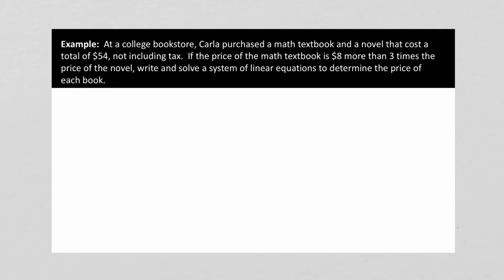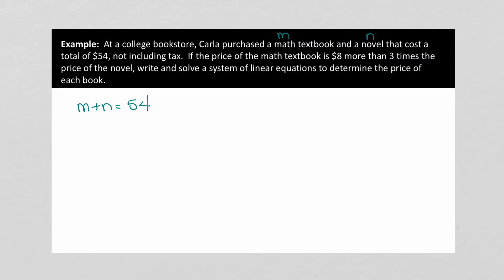Now, over on your notes, it will use X and Y. I want you to define X and Y. I like to use a letter that I can keep up with, like M for the math textbook and N for the novel. So we know if we take the cost of the math textbook and add to it the cost of the novel, we'll get a total of $54.